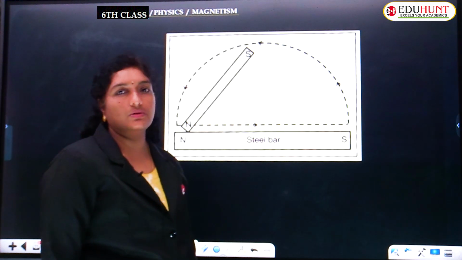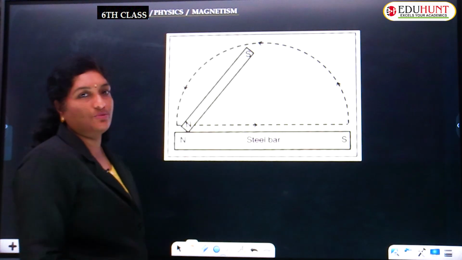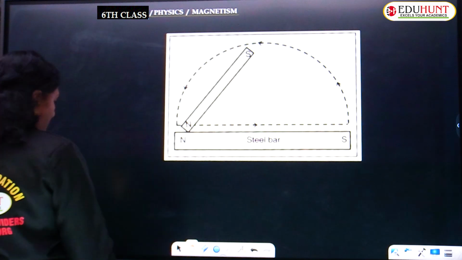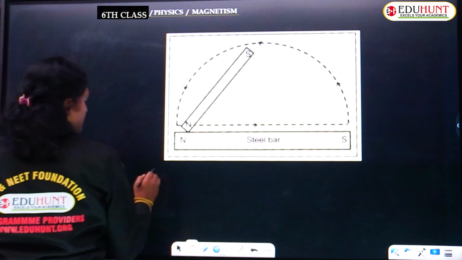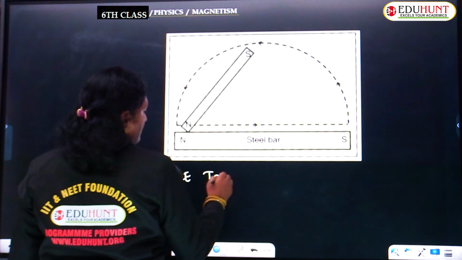That is the south pole, and this type of method is called the single touch method.